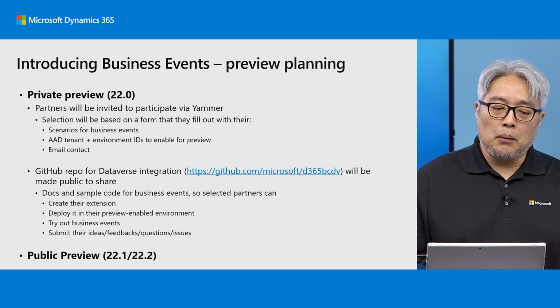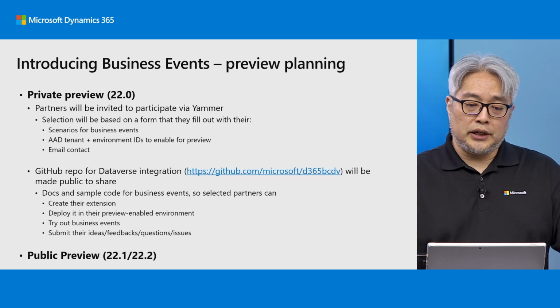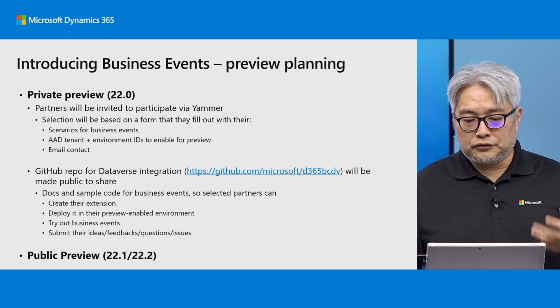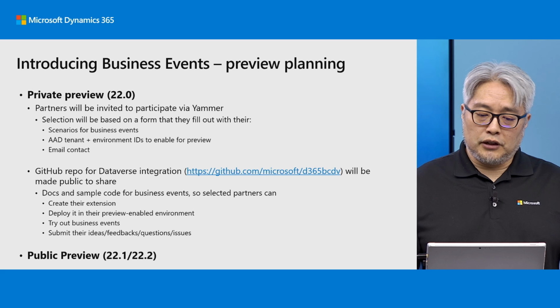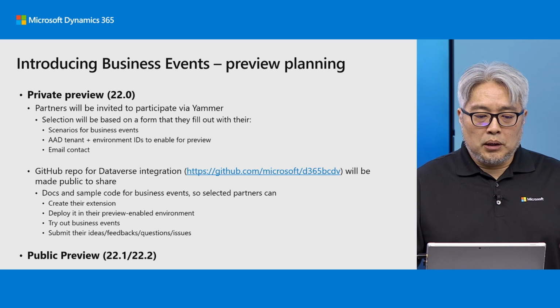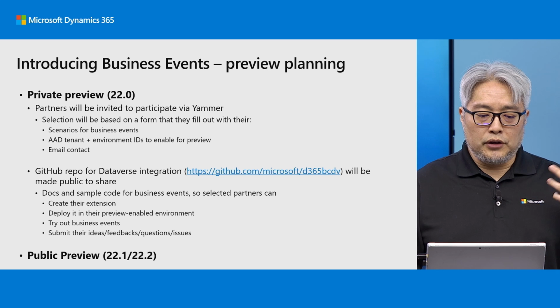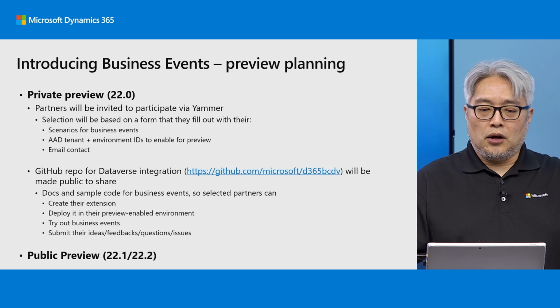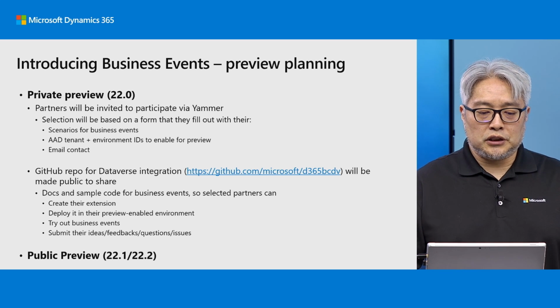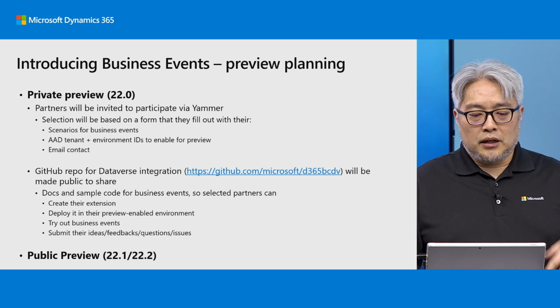We will also make public a GitHub repo for Dataverse integration, which is github.com/Microsoft/D365BCDV. This will be public, where you can get documentation for the preview, and documentation on all you need to know about Dataverse integration, including business events and sample code.